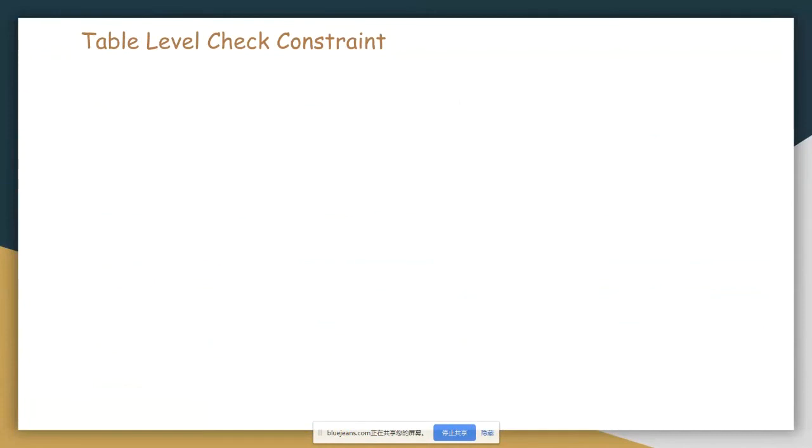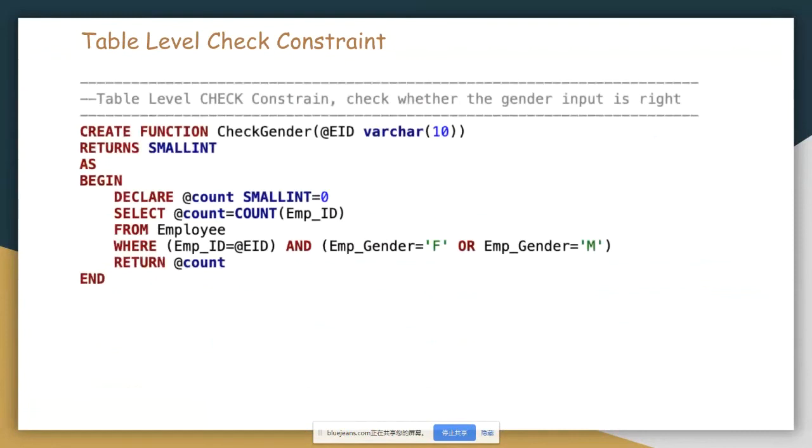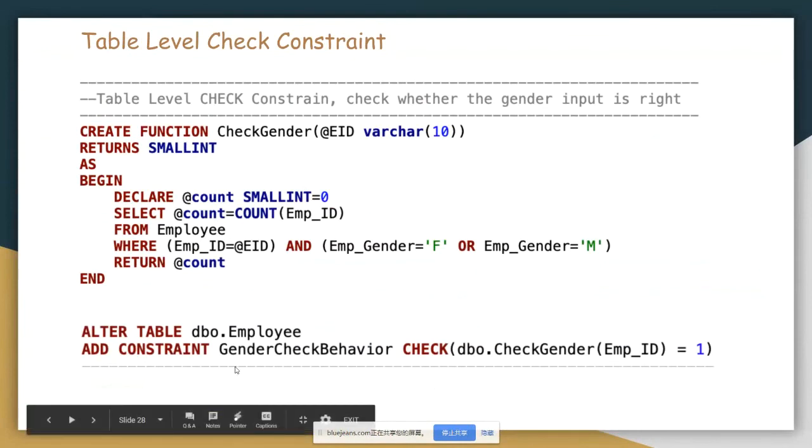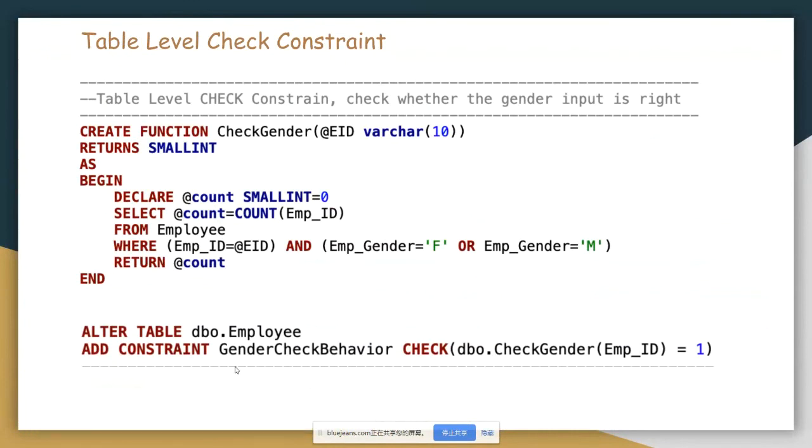And then we also have some implementations in our statements. First, we have a table level check constraint to check whether the employee gender information we insert into the table is correct. So first we create a function, then we use this function to add the constraint to the employee table.